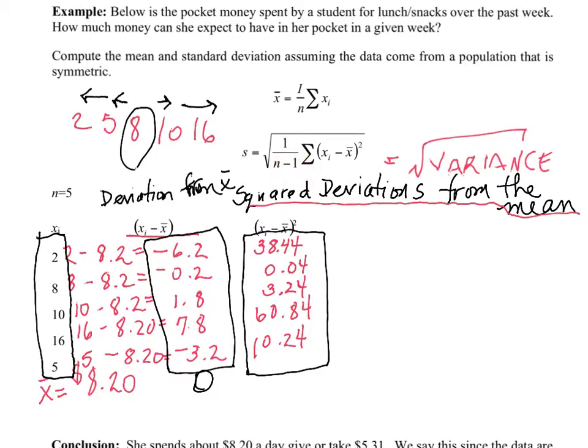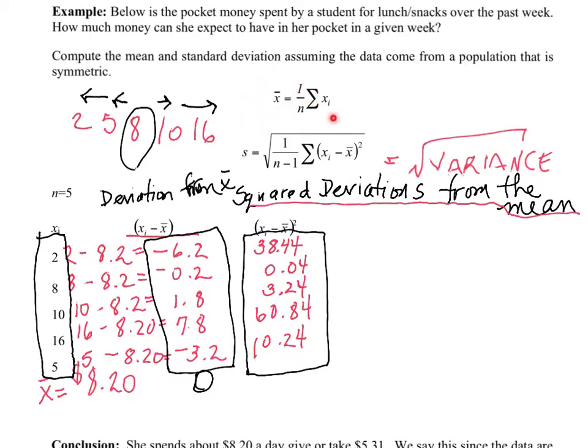If we wanted average squared deviations from the mean, we should be dividing by n. What's happening is we're making an adjustment, because when we divide by n in calculating the average, we're dividing by how many values of randomness there are in computing the sample mean.